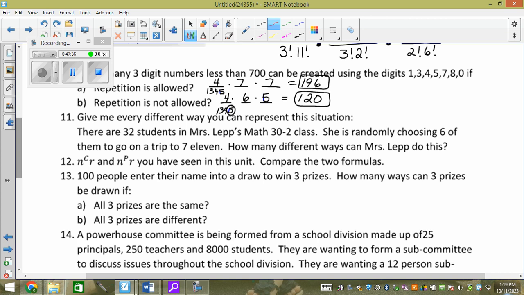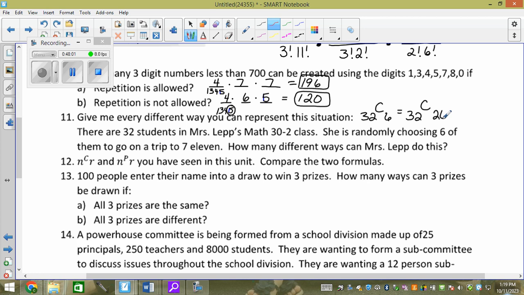So we can go 32, C, 6. What else can we do? 32, C what? Remember, you can take the difference of the two, only with the C. So you can go 32 minus 6, which is 26. These will result in the same answer.